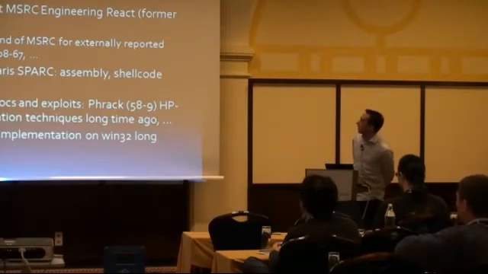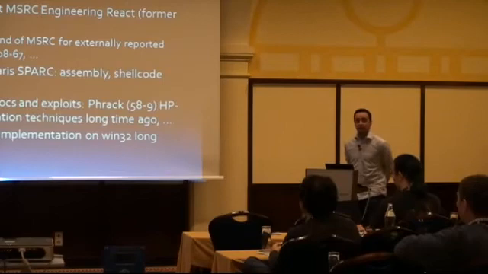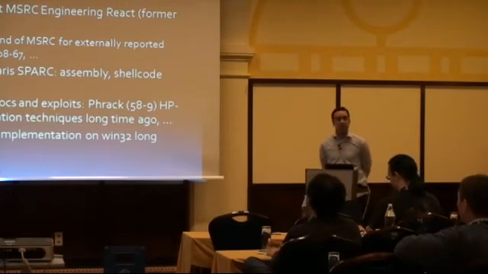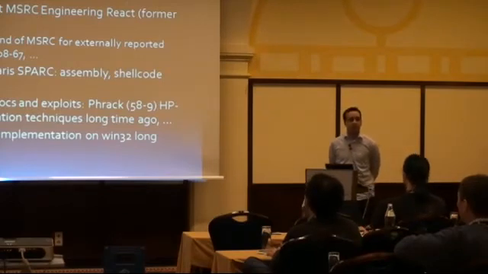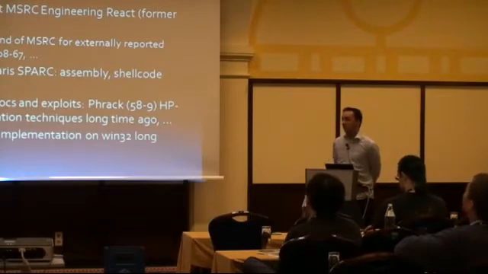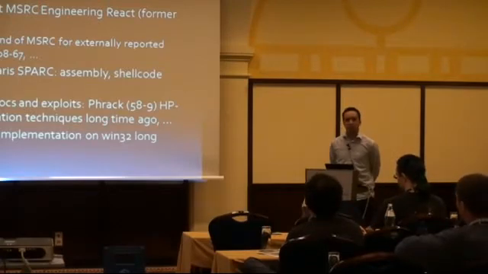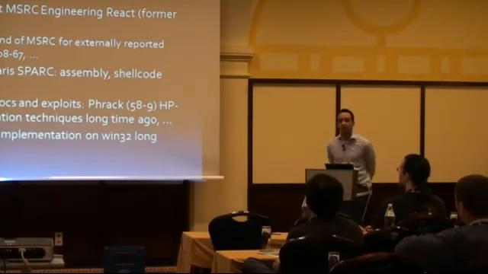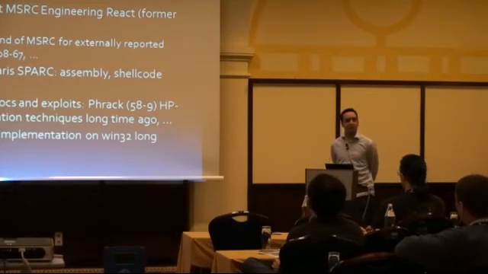So I'm a security engineer in the MSRC Engineering React team, formerly known as SWI, Secure Windows Initiative. We're the technical background of MSRC operations teams. I've been dealing with a lot of cases for 3 years, and for example, I was the one in charge of MS08-067. Anyone familiar with this case? NetAPI.